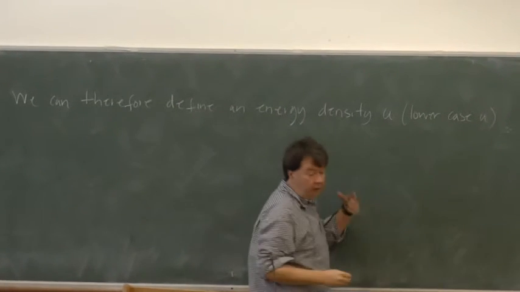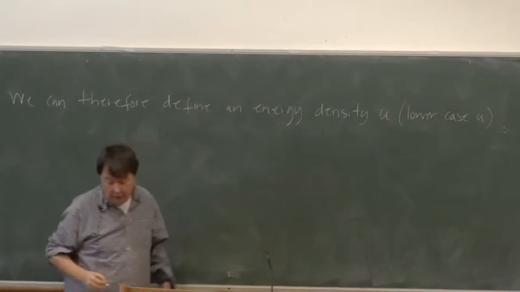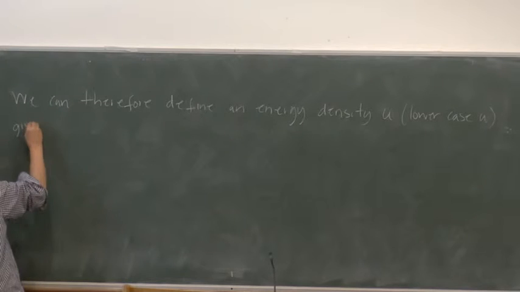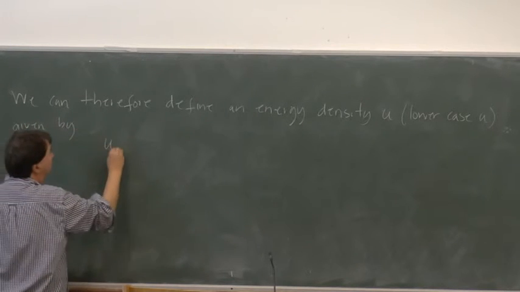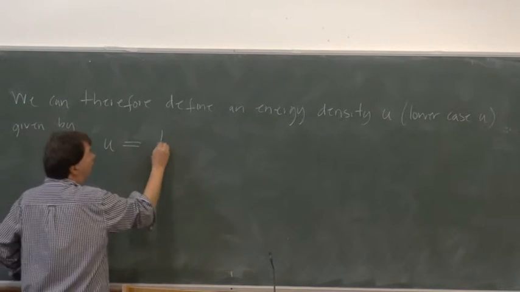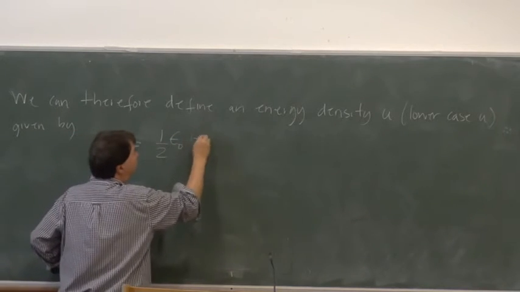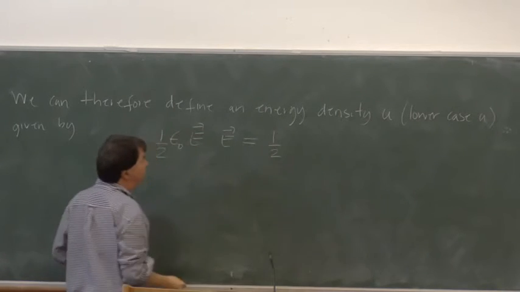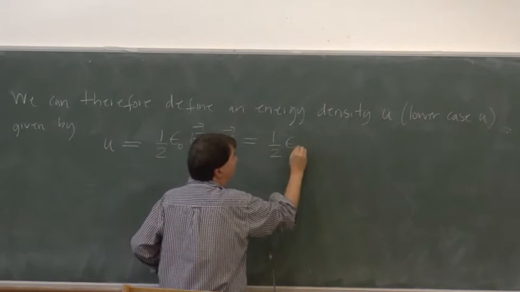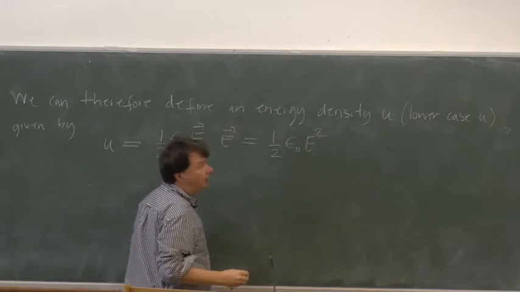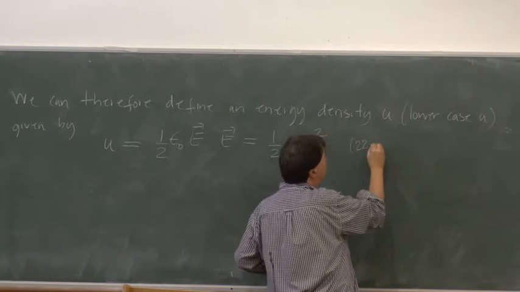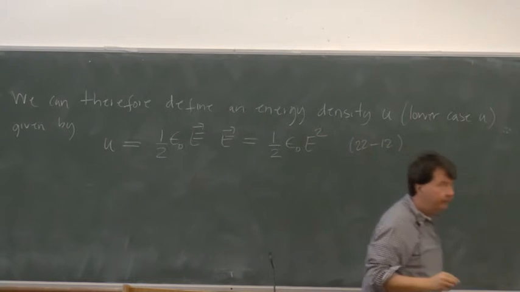It's very easy to confuse the energy density with the total energy because they're both written as U. And the energy density u is given by u equals a half epsilon naught E dot E. E dot E is just E squared, so we can write this as a half epsilon naught E squared. And this is the other major, general expression that we need.